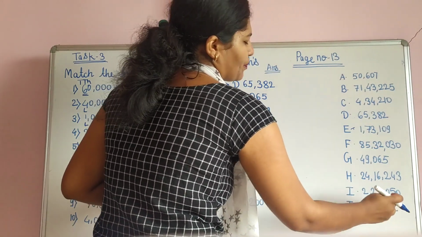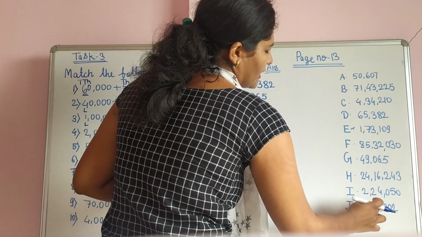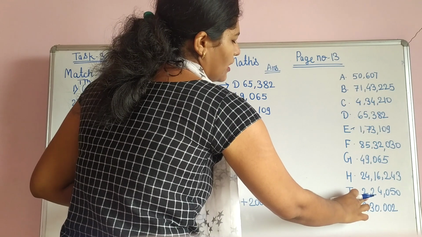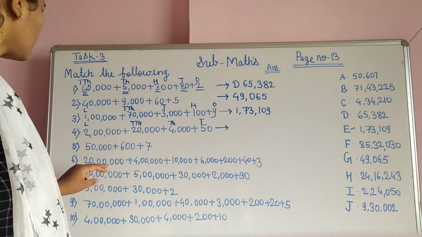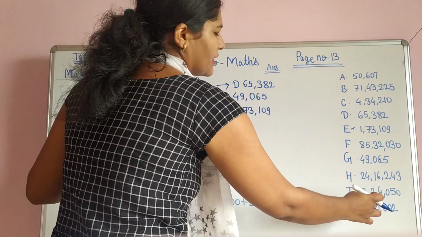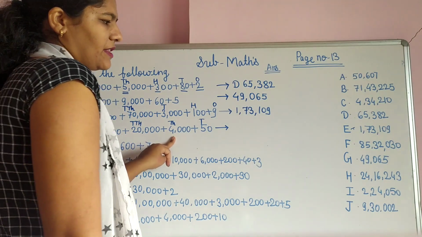Here also 2 is there. Ones, tens, 100, 1,000, 10,000, and lakh. Yes, so this is on a lakh place. So this is a lakh. Then next, what is here? We want 2, so the 2 is on the 10,000 place. Here also and here also. 4 is on the 1,000 place. Yes.